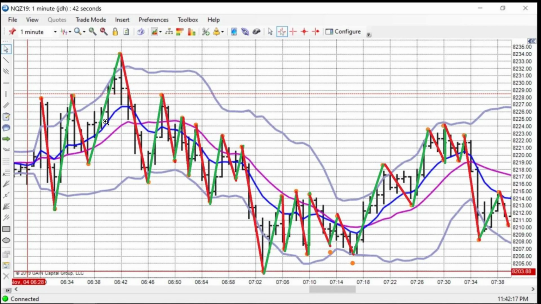Just like I was explaining in the sine wave cycle, this will be the upward cycle of the sine wave. So you want to be a buyer, above the magenta colored 14 SMA line, and that tells you what side of the market you want to be on. That's a very helpful tool. You always want to trade the side of the market the ADMA indicator's on.